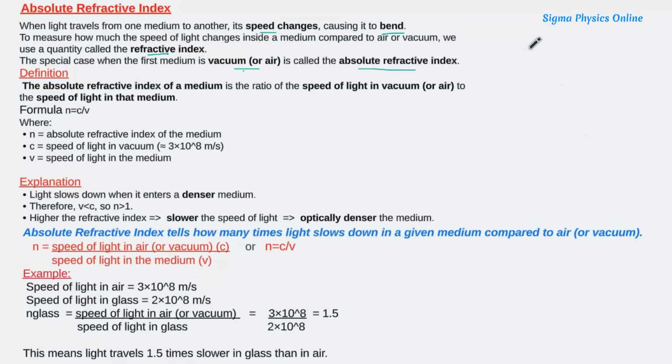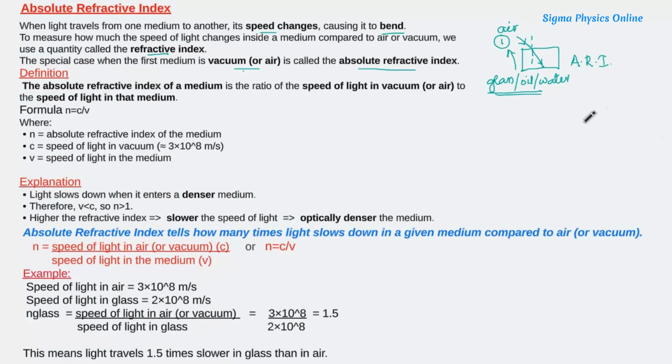So when light enters any medium from air, if the first medium is air, the second medium could be anything. It could be glass, it could be oil, it could be water. But if the first medium from which light is coming is air and then entering any other medium, then the refractive index of this medium in comparison to air will be called as absolute refractive index.